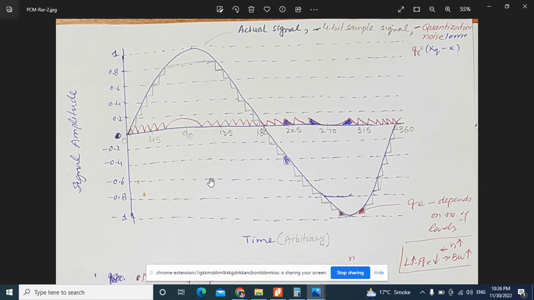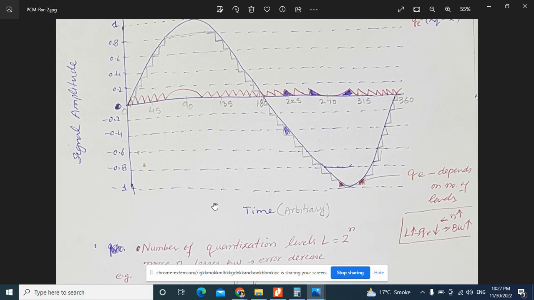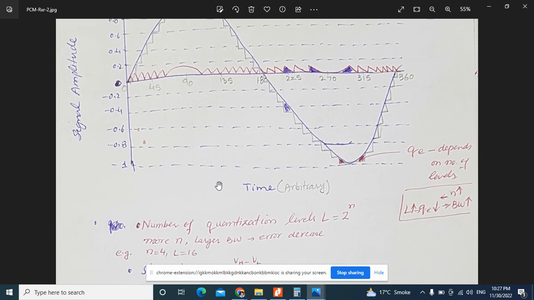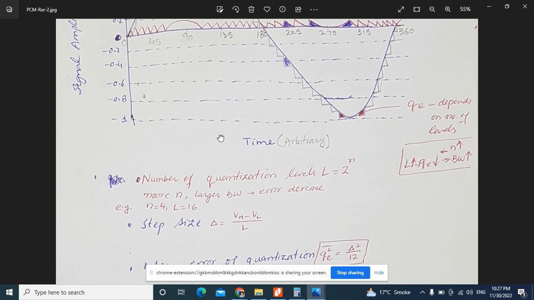If you increase n, you are increasing the data rate, and if you increase the data rate, you also need to increase the bandwidth. So there is a trade-off between these two things: how much error can be accommodated and how much bandwidth is sufficient. So we have a few points here to discuss.